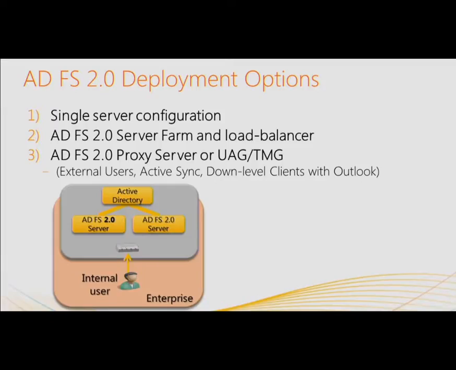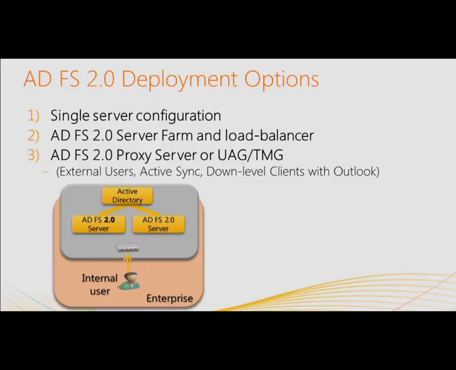This will provide access to Office 365 for internal users inside your company. So if I'm here in my office, I can access Office 365 using my corporate credentials to access Exchange Online, SharePoint Online, and so on.